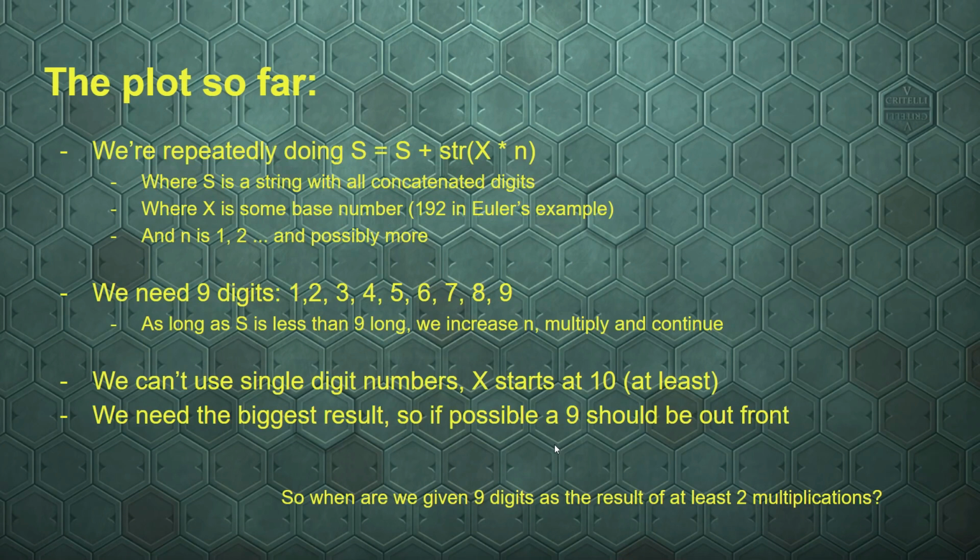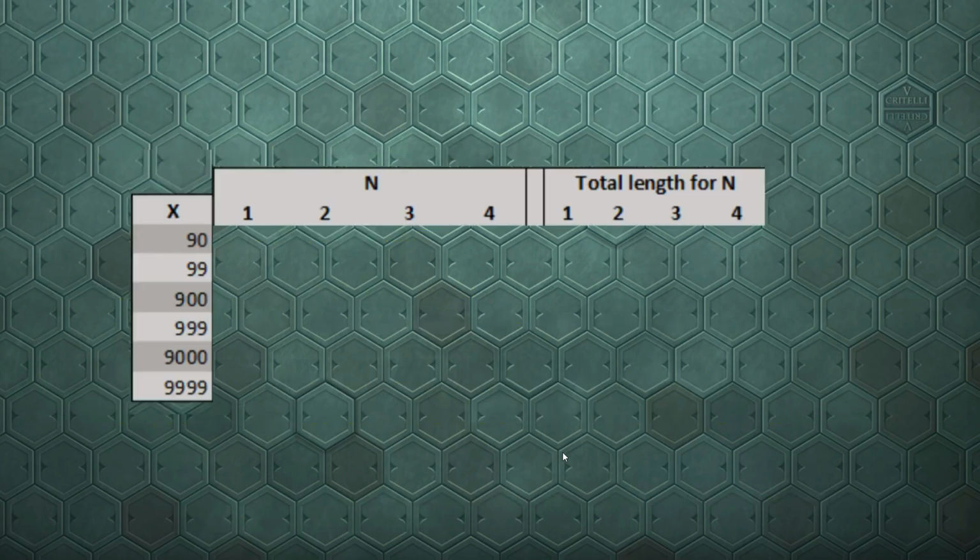So when we are given 9 digits as the result of at least 2 multiplications, let's see when we have 9 digits. So here's a little bit of a multiplication table. We already saw that the 9 itself, single digit, works. I have set up a mock-up value for x.